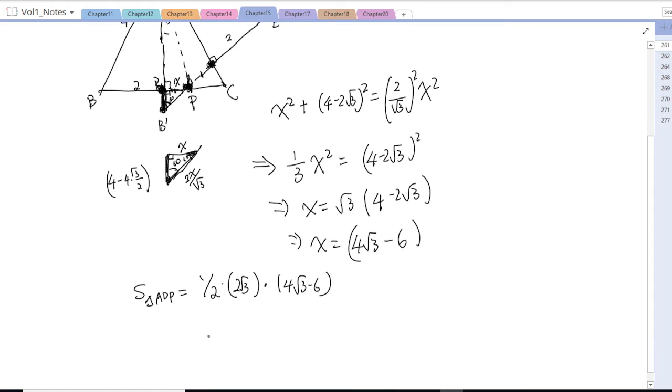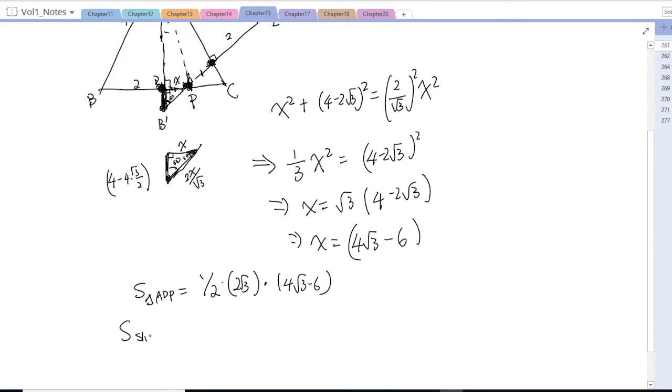So the shaded area is 2 times the triangle ADP, which is 2 root 3 times 4 root 3 minus 6. So it's 24 minus 12 root 3.